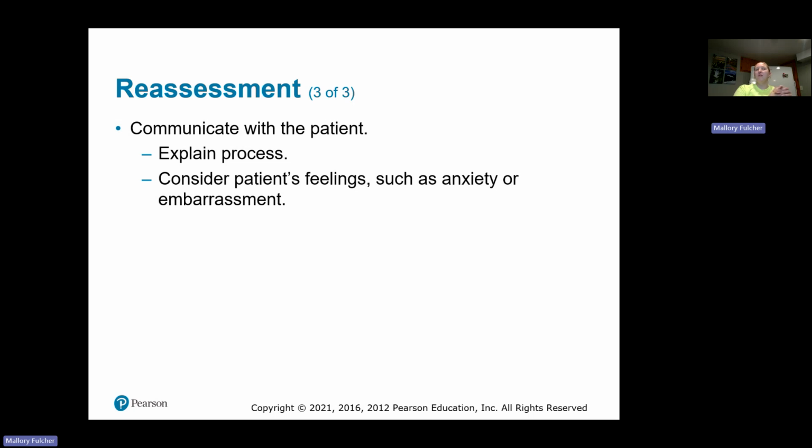Whether it's, I've never been in an ambulance before, or I don't really like it when strangers come into my house and now there's 3 of you all here at the same time. There's always a little bit of anxiety. So talking to our patients, explaining what the next steps are going to be, explaining our thinking process is big. Communication is huge. I'm a huge proponent of that.